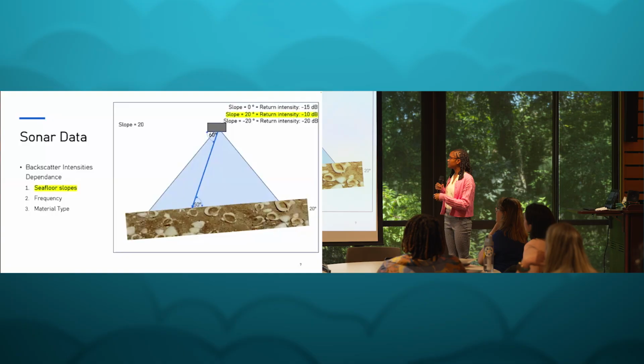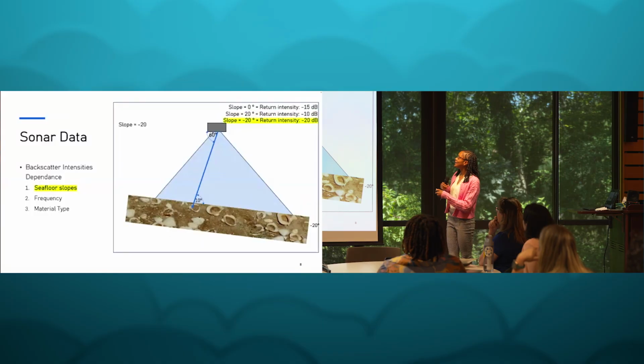The angle here has changed because we increased the angle on this side. And this slope is -10 because we decreased the angle. And the slope is -20 because we decreased the angle. And the angle is now at 10 degrees. So the return intensity is a little bit less.